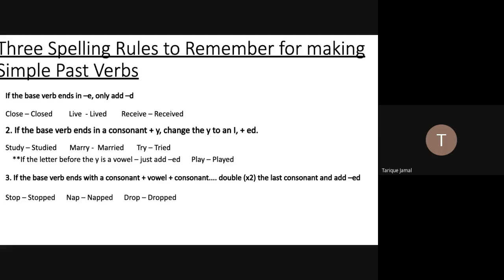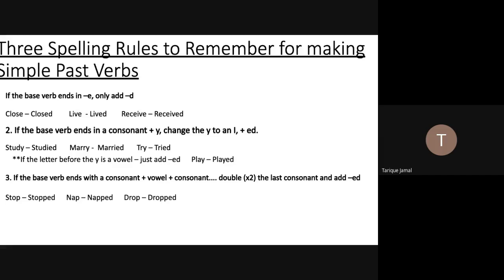Think about what the rule number 3 says: if the base word ends with a consonant plus vowel plus consonant, right? So T is a consonant, O is a vowel, P is a consonant, right?